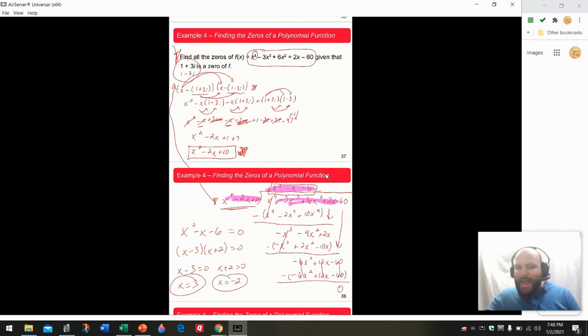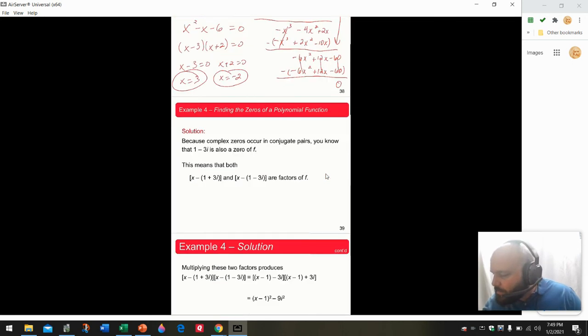And with what we had left right up there, we then set that equal to 0 and solved it to find the other two zeros. So this is kind of like a puzzle in that they're going to give you some information. Your job is to break this polynomial down and find all the zeros that you possibly can and find the factors.